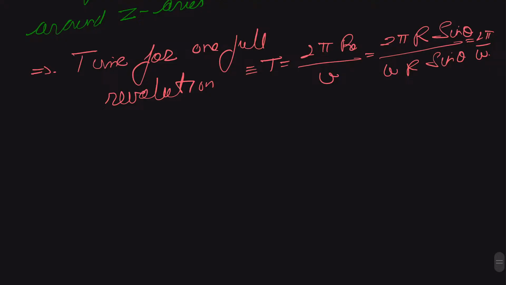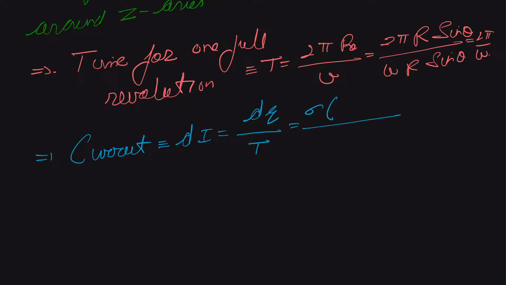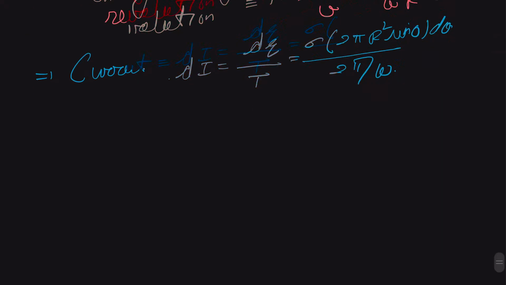Therefore we can write that the current di will be equal to charge over time period, and this charge dq is our charge density times 2 pi r square sine of theta d theta, and this is divided by 2 pi upon omega.